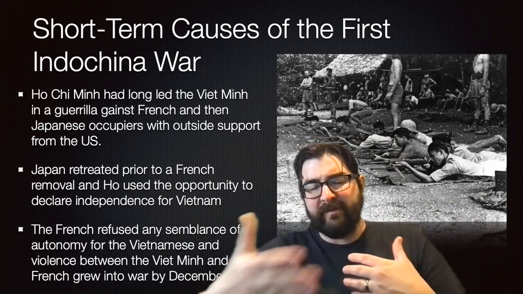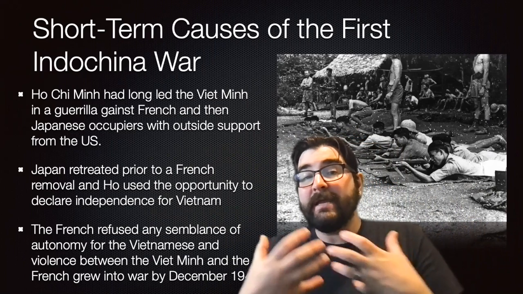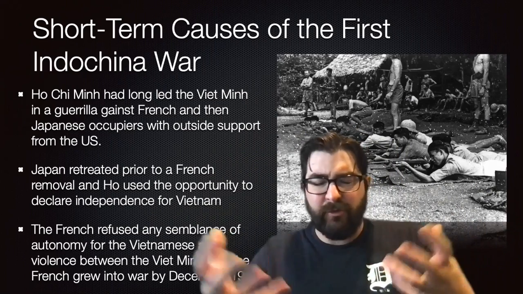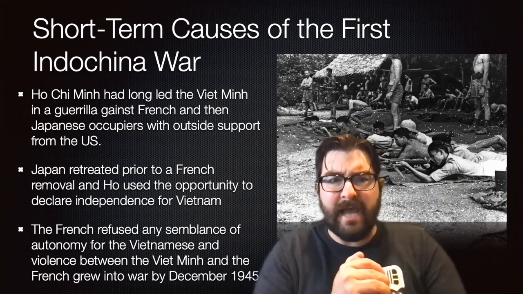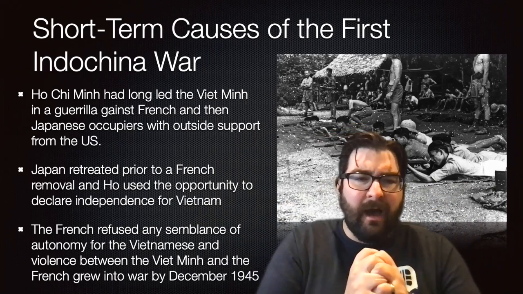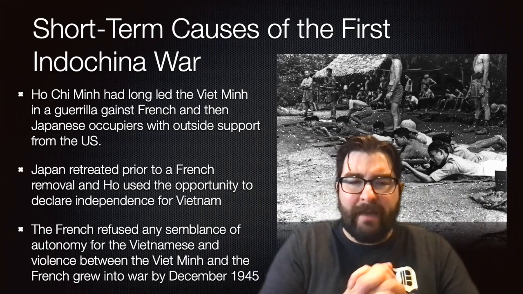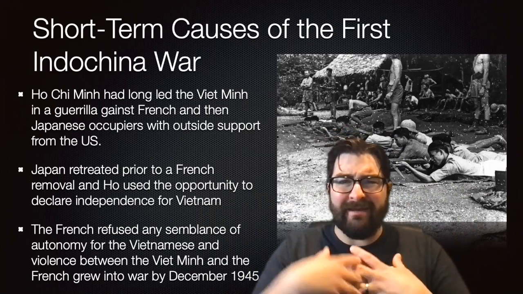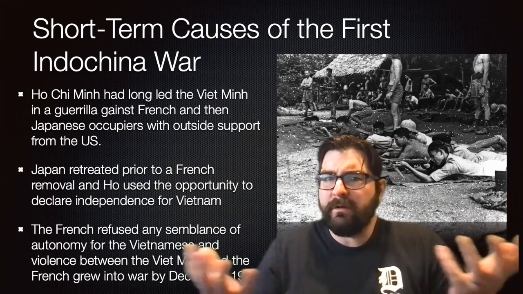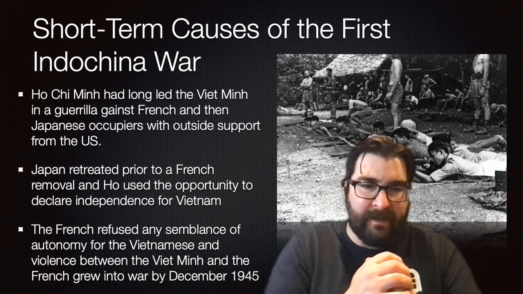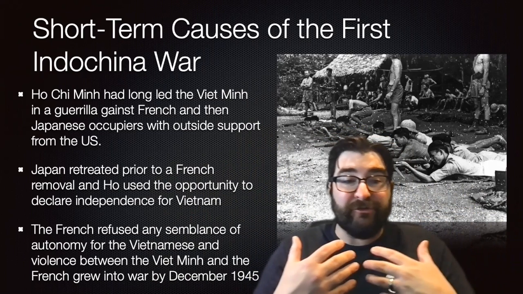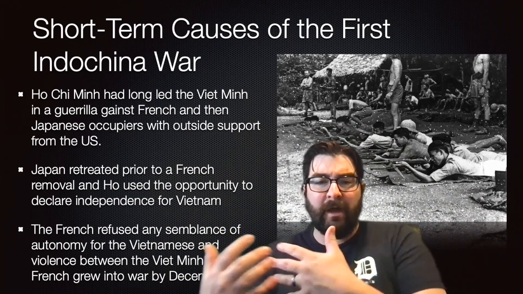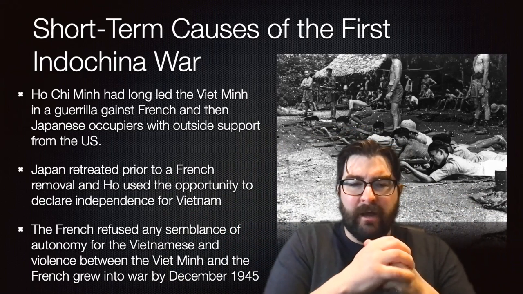And throughout the course of the Second World War, these Viet Minh fighters, this is the name, it's a shortened form for the League for the Independence of Vietnam, a nationalist fighting group, are going to fight a guerrilla war against the Japanese with support from American equipment coming from the outside, because we're fighting the Japanese as well, and we're looking for any allies that we could possibly find.